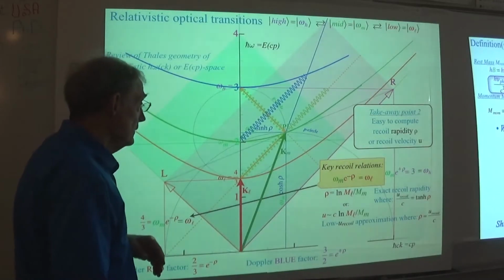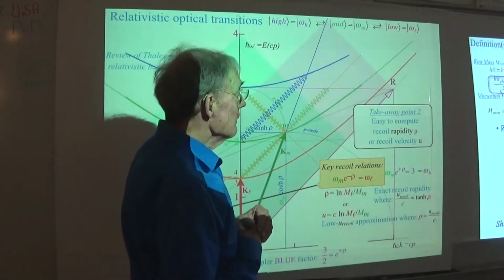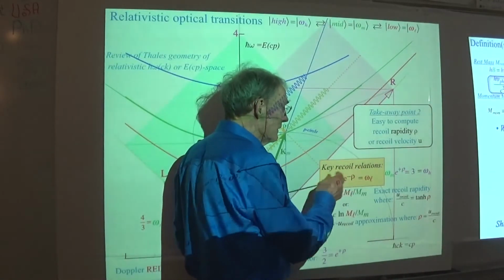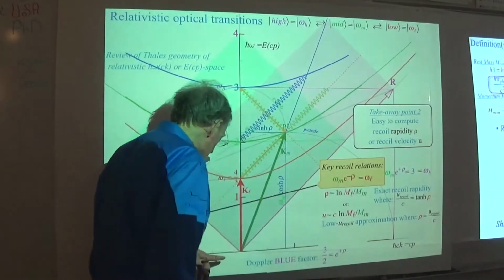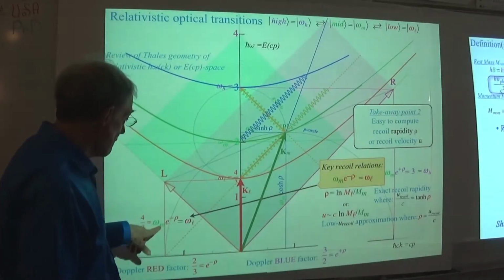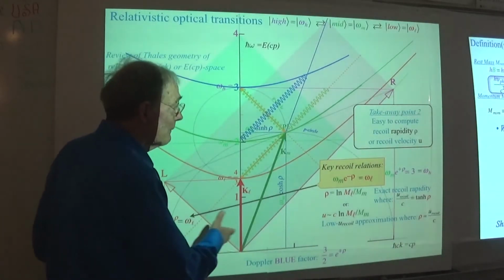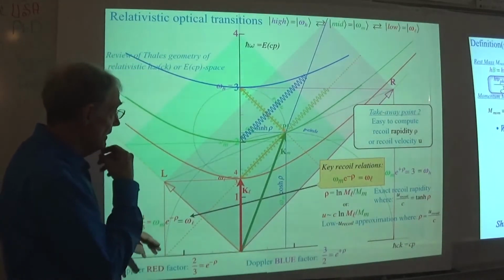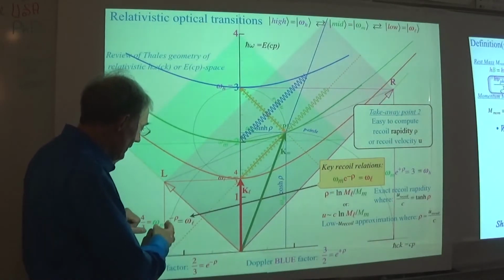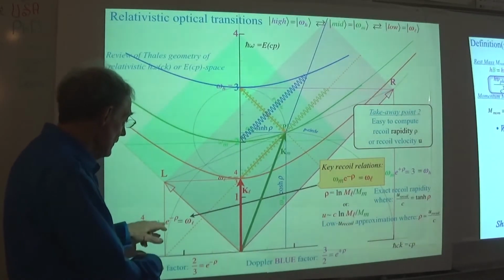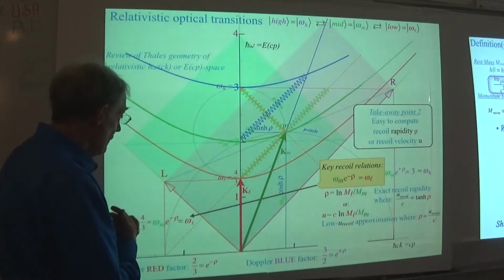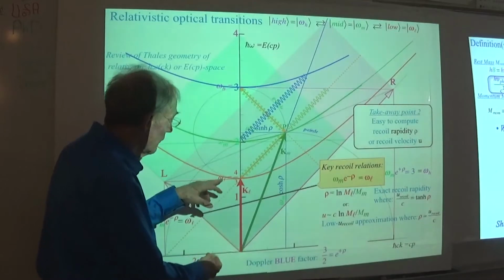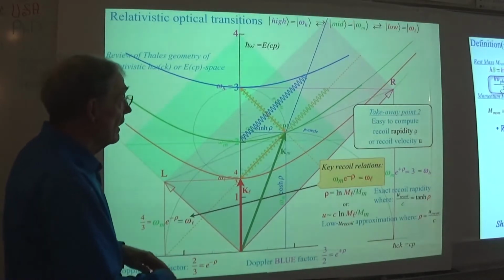Now, to get a recoil formula, this is a very simple one I'm going to give you here. I use just this relationship right here. This is a piece of our geometry that we've made already. We're talking about e to the minus rho, the rapidity that we're going to be picking up, going from this state right here, omega the lowest, to the middle.